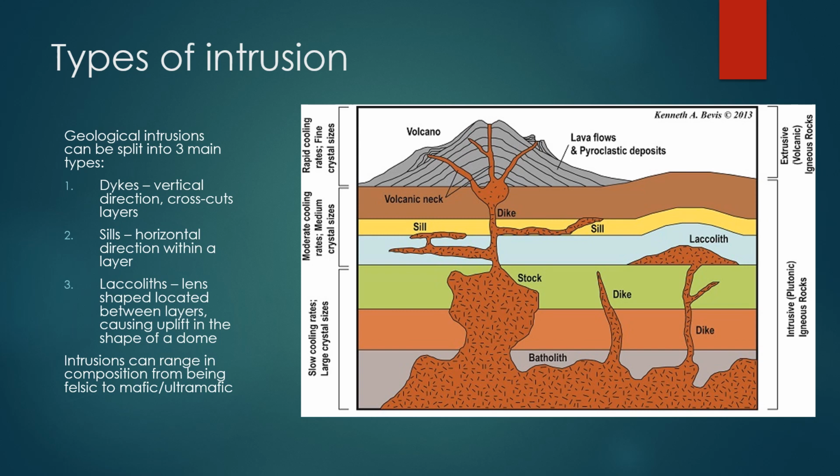And if we formed a rather lens-shaped or dome-shaped igneous intrusion that's caused a bit of uplift potentially in the sediment layers above, we would call that a laccolith. And normally these all spawn off of a central massive igneous intrusion called a batholith. And intrusions can range in composition. They can be more basaltic or mafic, but they can also be more granitic or felsic. And that will have relevance to what metals you might expect.